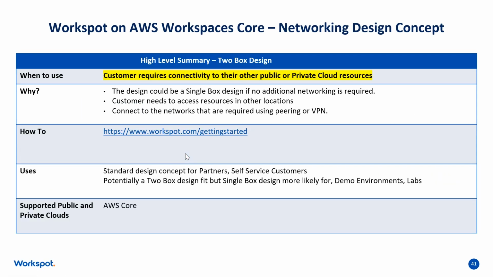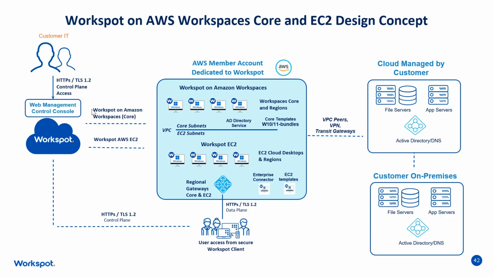So if I take this to the next level, this is AWS core, and there's potential to expand that concept into EC2 or other clouds. If we look at that, what changes here is we've introduced EC2 cloud desktops and regions into the mix, again, within that single account. And the gateways are shared between core and EC2, which is nice.